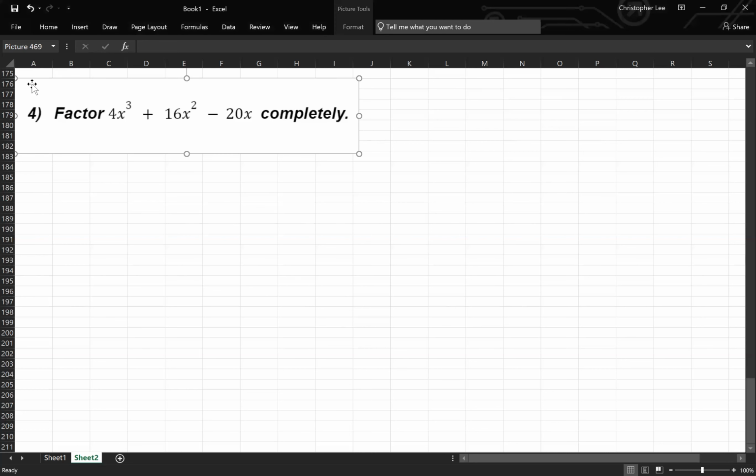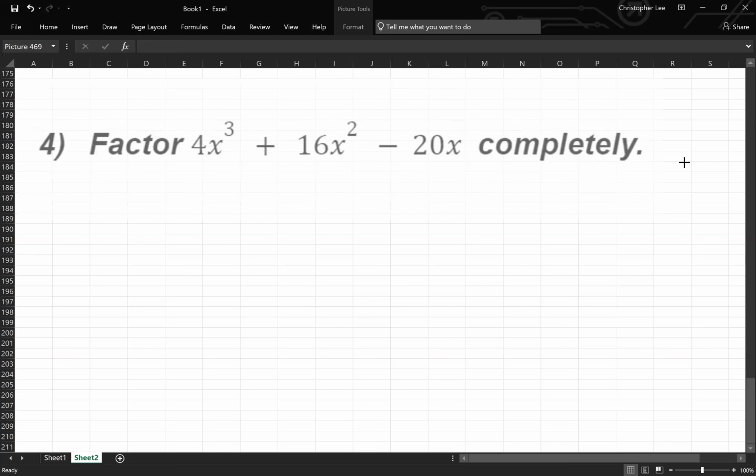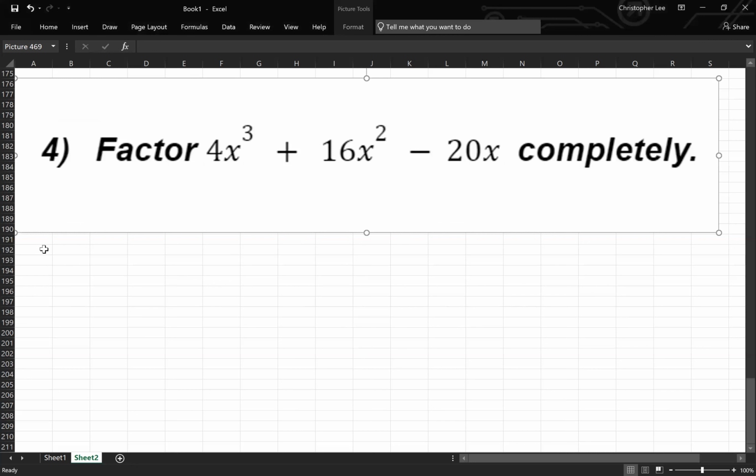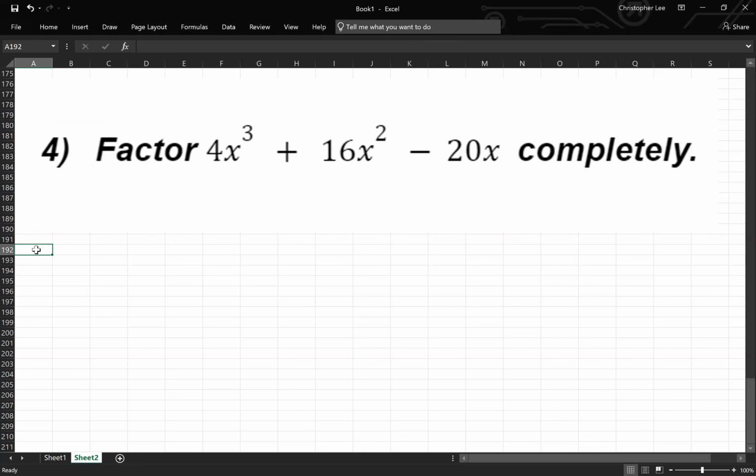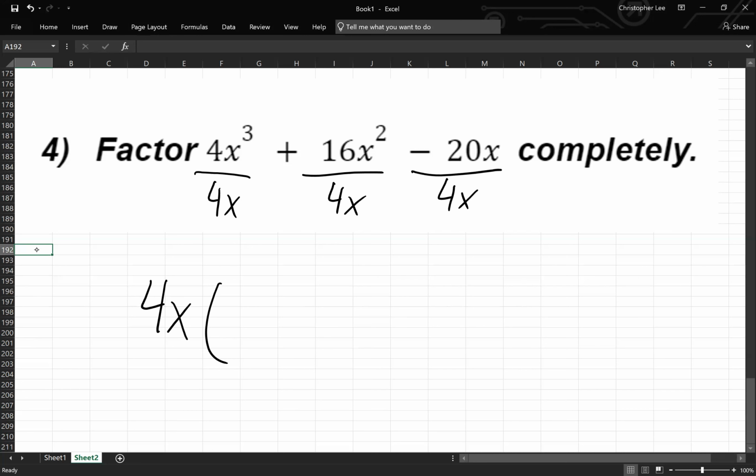All right, let's take a look at this one. Help me, what should I do first? Factor out the greatest common factor, which is what? 4x. Okay, so if I factor out 4x, like I'm dividing by 4x, what's left over?